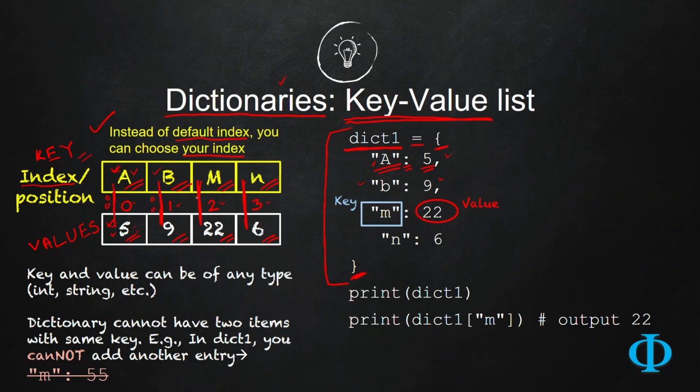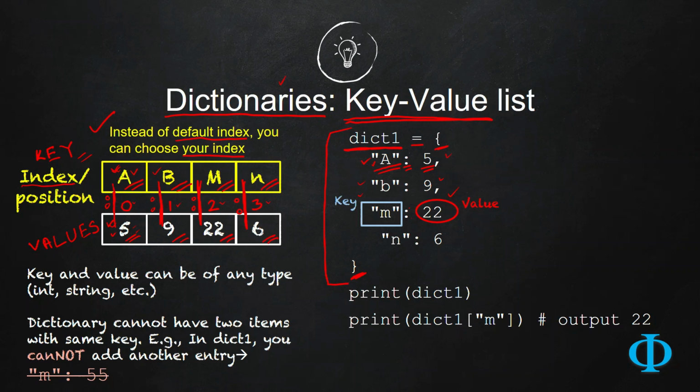Then M and 22, just like this picture, and similarly N and 6. So the index of your choice, which is called the key, then a colon symbol, followed by the value that you want to store.